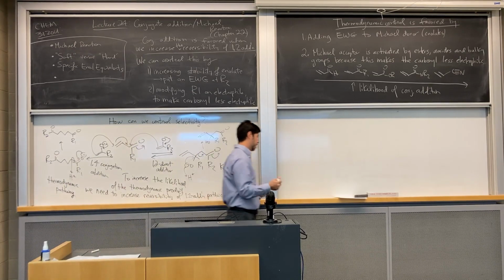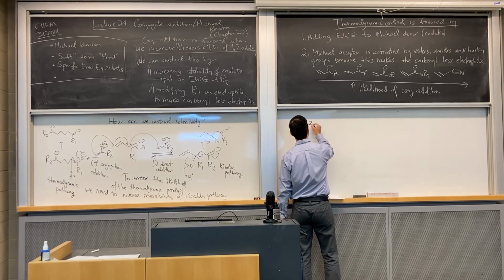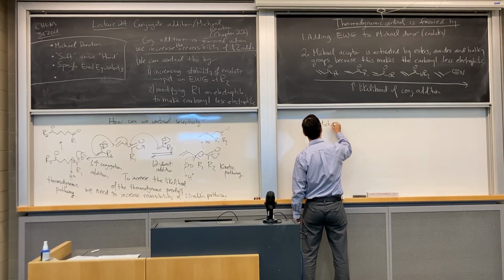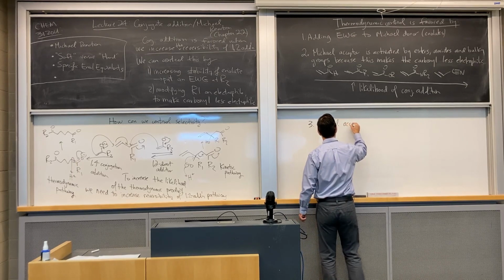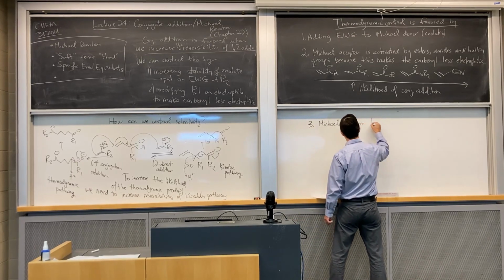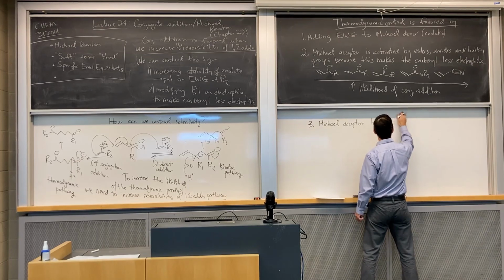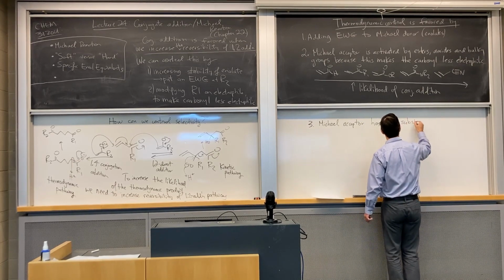So I'll show you exactly what I mean. 3. So the Michael acceptor has no substitution at the beta carbon.